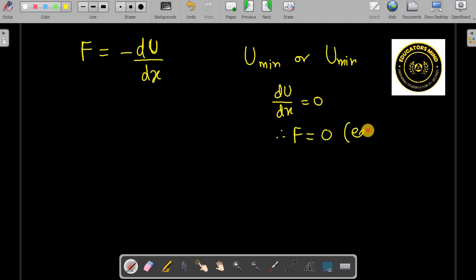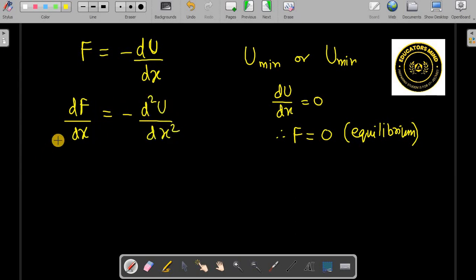That's why it comes under equilibrium. Force means the net force here, okay. And now if we want double differentiation, what will happen in double differentiation? That means dF by dx, that will give minus d²U by dx².